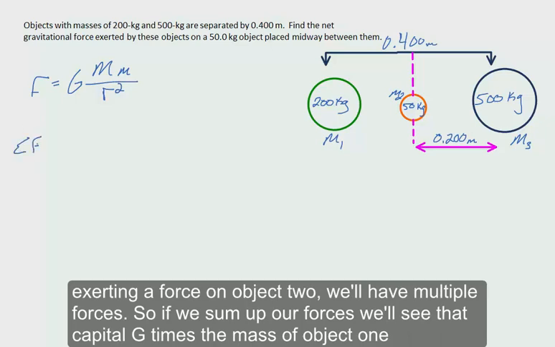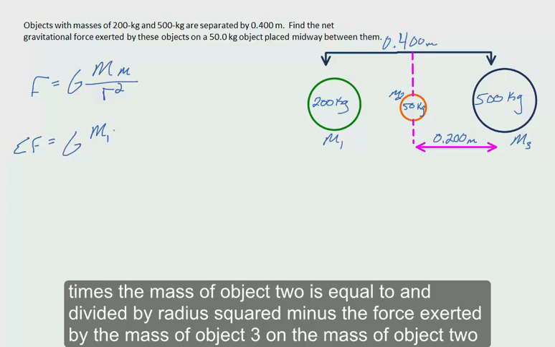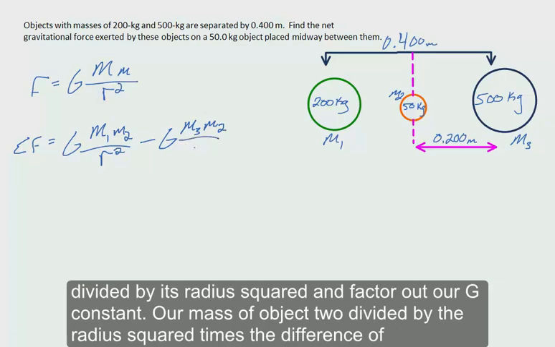So if we sum up our forces, we'll see that capital G times the mass of object 1 times the mass of object 2 divided by radius squared, minus the force exerted by the mass of object 3 on the mass of object 2 divided by its radius squared.